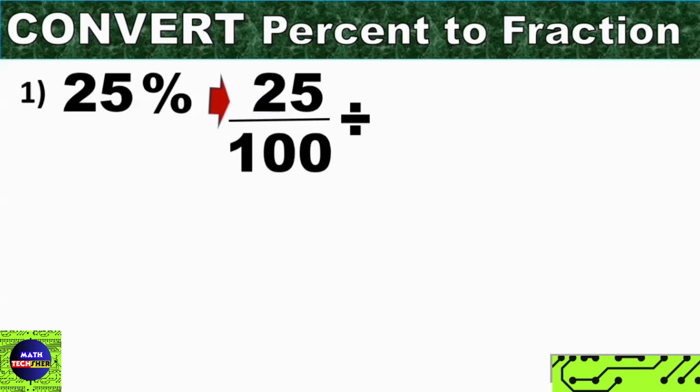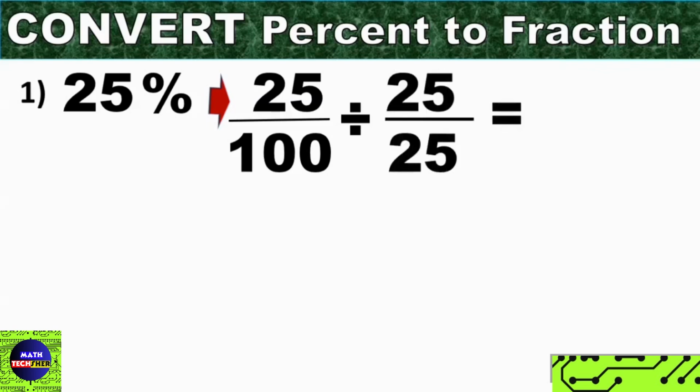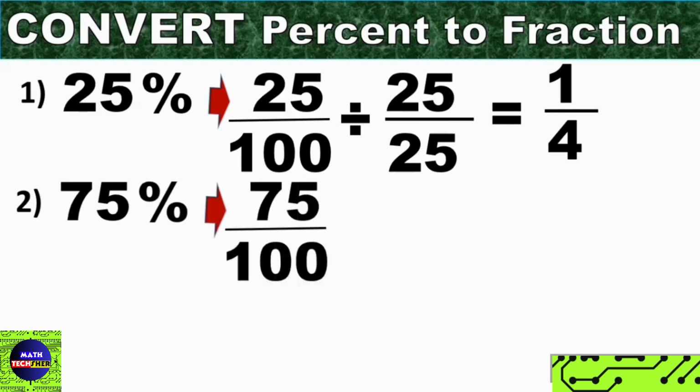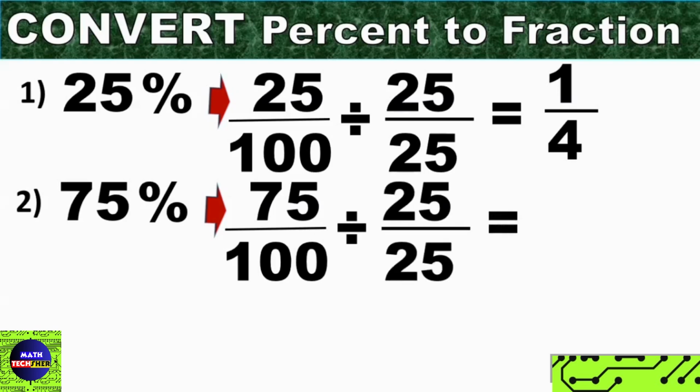Okay, and the next is to simplify or find its lowest term by dividing both numerator and denominator by the greatest common factor, which is 25. 25 divided by 25 is 1. 100 divided by 25 is 4. Next, number 2, we have 75%. Then now we have 75 divided by 100 and divide by the greatest common factor of 75 and 100. Then 75 divided by 25 is 3. 100 divided by 25 is 4.